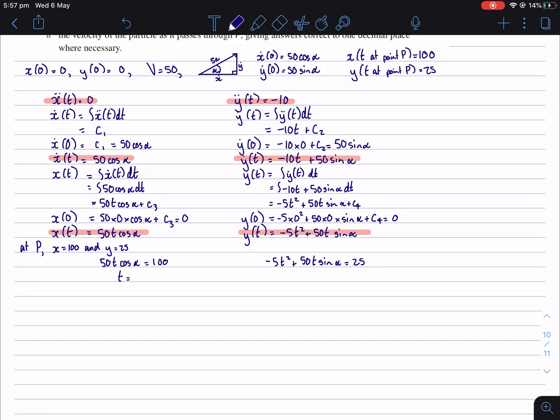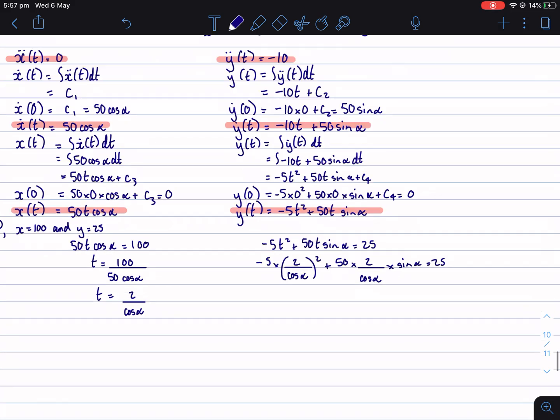So t is 100 over 50 cos alpha, so t is 2 over cos alpha. And then I'm going to sub that in, so I've got minus 5 times 2 over cos alpha, squared, plus 50 times 2 over cos alpha times sin alpha equals 25, and now it's very similar to the questions we've had above.